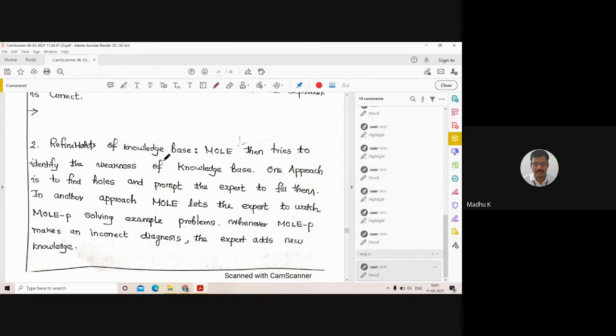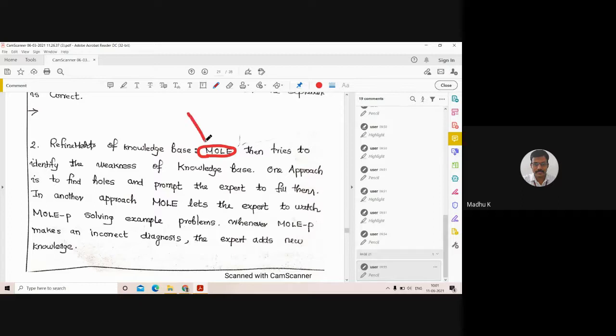We already said this expert system should refine or update the knowledge base. Here I am discussing how MOLE will refine the knowledge base, and what the approach should be.